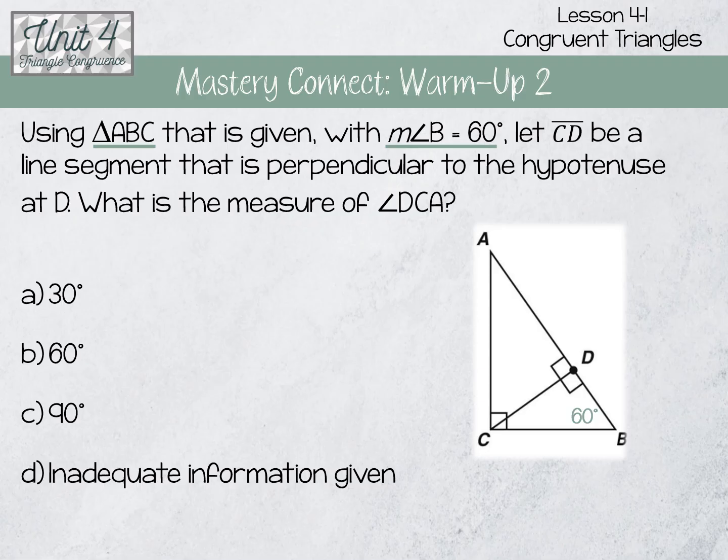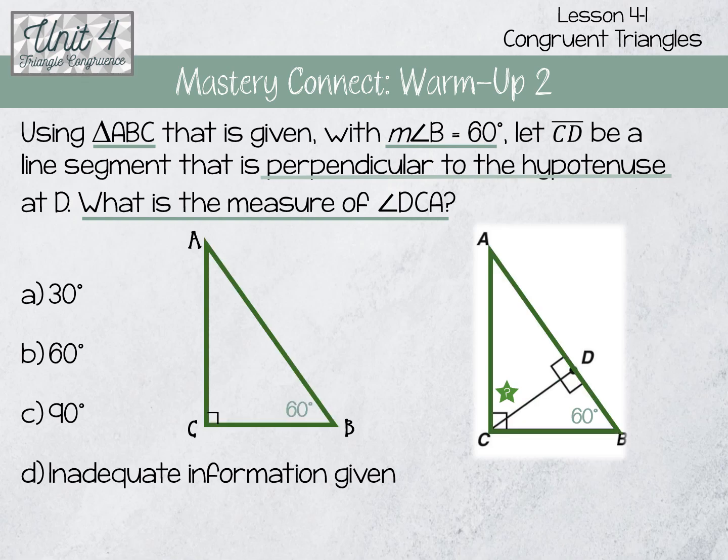We have right triangles there. What is the measure of angle DCA? So right there, the little starred angle, not the full right angle there, but that starred angle is what we're looking for.